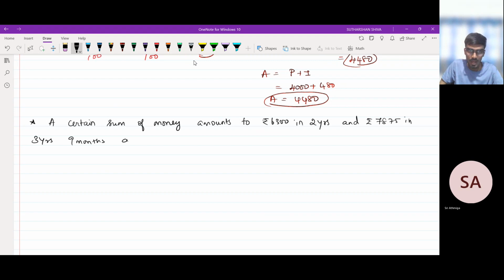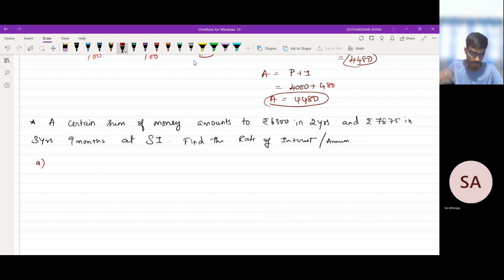Like this, they have given it to you at simple interest. Find the rate of interest per annum.